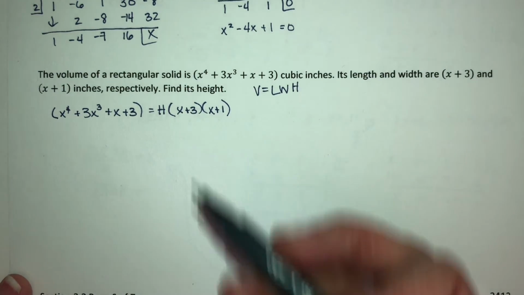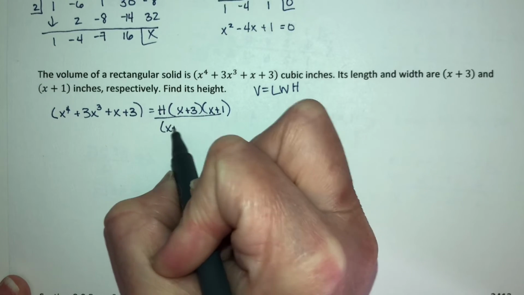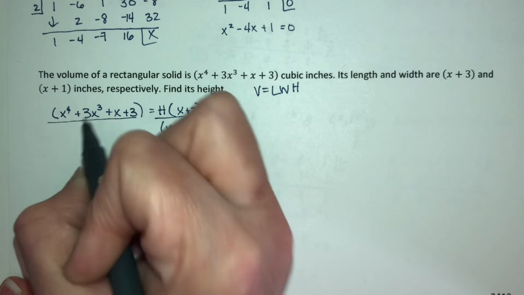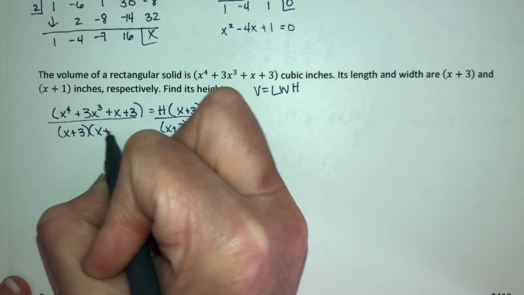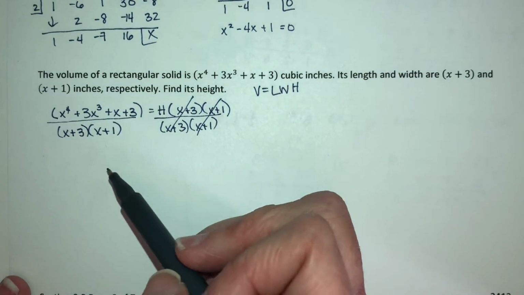Now simply do the algebra here. If I divide both sides by this, and I have that. Now all I need to do is this division now.